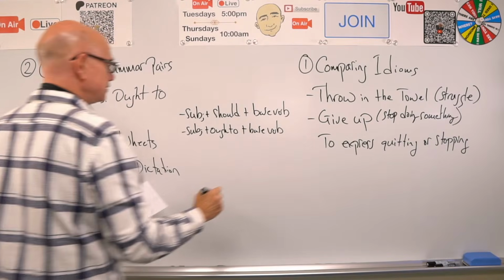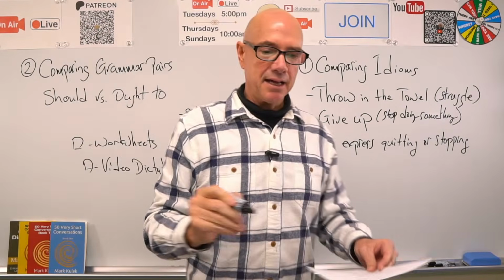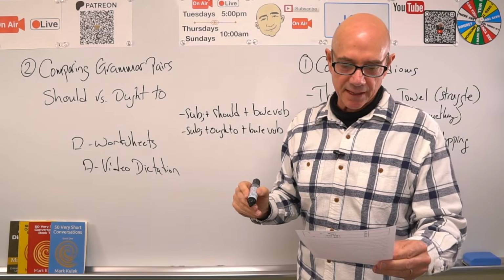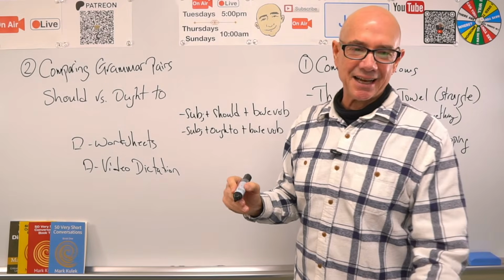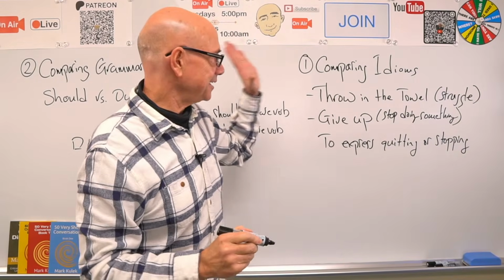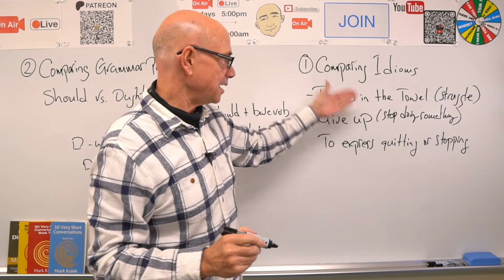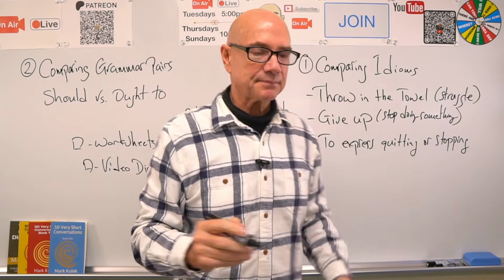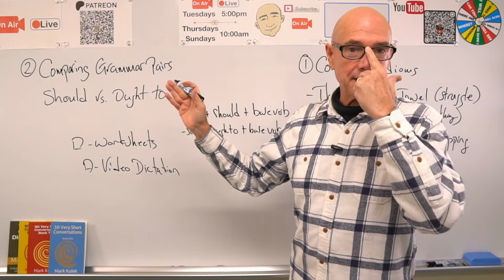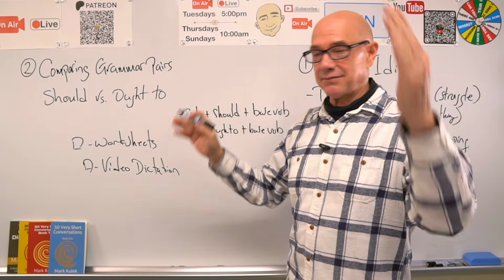That's the pattern for these two. And they are both advice, but again, kind of how the idioms were: throw in the towel, give up, they both express quitting or stopping. Should and ought to both express advice.